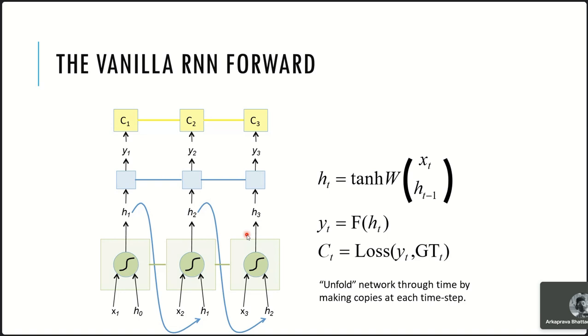And you can fold it all together. It's simple like a Chinese or Japanese paper fan. You fold all of them together, you expand all of them together. That's called unfolding and folding, or unrolling the network through time by making copies at each time step.